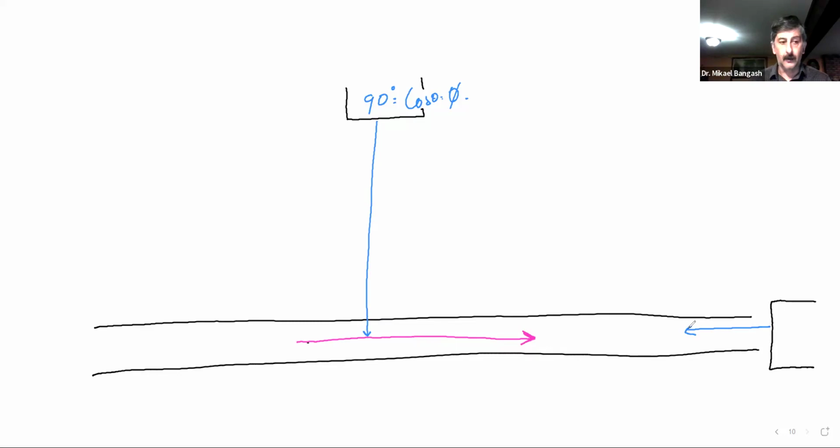What we can say is that the angle between the beam and the blood flow will form a 0-degree angle.